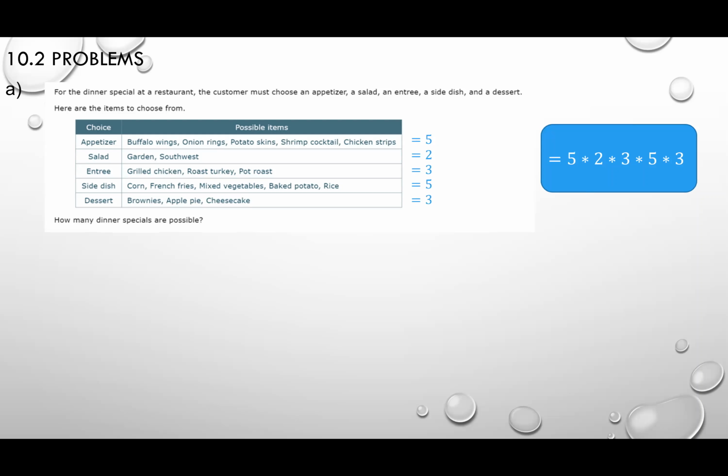All you need to do is take each category, your appetizer, multiply by the salad, multiply by the entree, multiply by the side dish, and multiply that by the dessert. And that's what the fundamental counting principle is, ladies and gentlemen. If you multiply this out, 5 times 2 is 10, 10 times 3 is 30, 30 times 5 will give you 150, and 150 times 3 should give you 450.